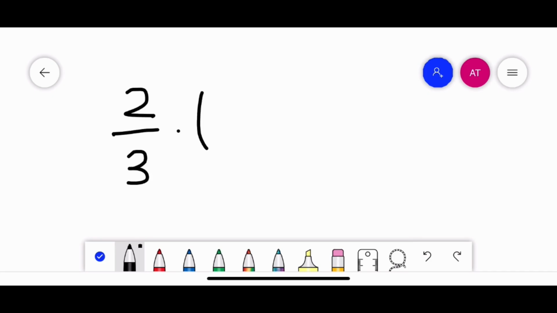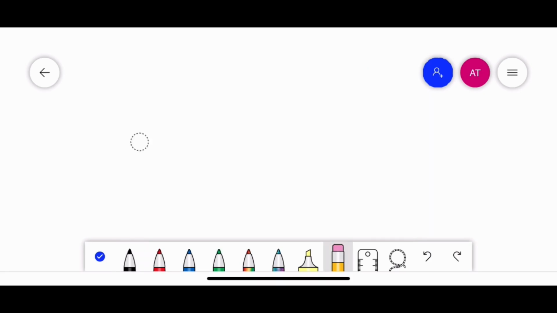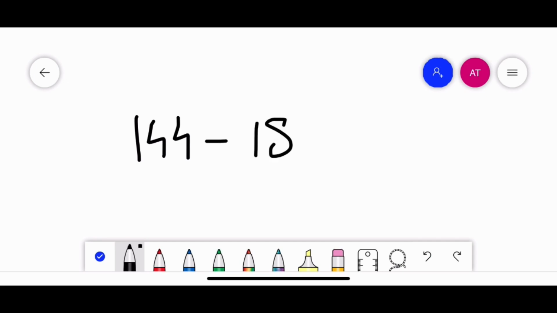In a simplified version, this becomes 2 over 3 times x cubed plus 9 to the power of 3 over 2, going from 3 to 0. Then when we simplify it, it becomes 144 minus 18, which is equal to 126.